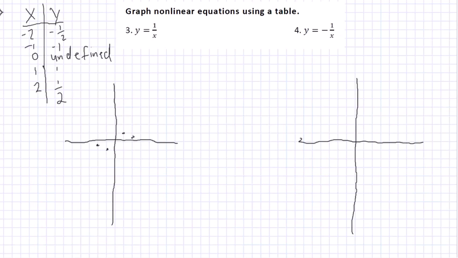So we don't really get a lot going on, and we know it can't be 0 at all because it's undefined. So we need to throw in another point, let's say 1/2 and -1/2. -1/2 generates a -2.